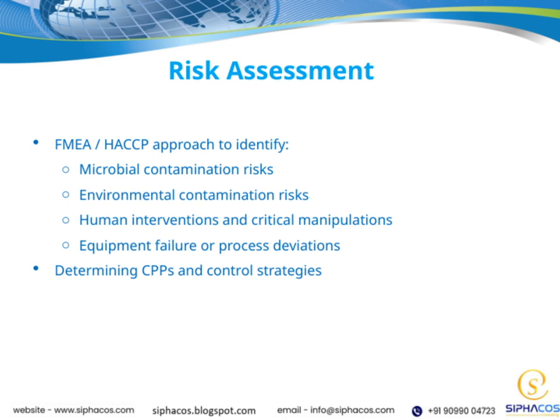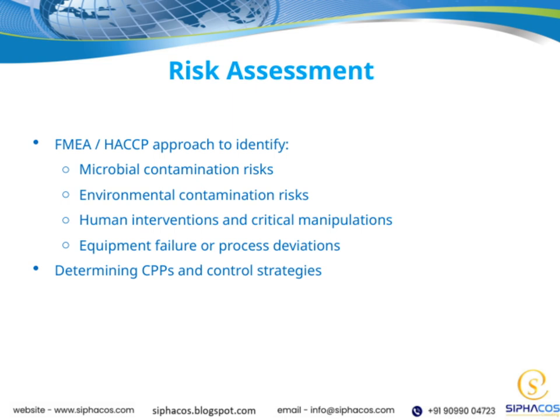We also consider human interventions and critical manipulations, because human actions are often a point where things can go wrong if not properly controlled. Next, we evaluate equipment failure or process deviations, since equipment issues can lead to contamination or inconsistent product quality.